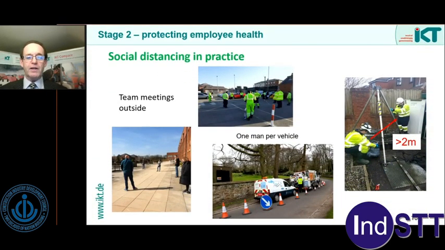So when it came to protecting the health of staff, these are the sorts of things that were going on: outside team meetings for field staff, for office staff, one man per vehicle, or having two men on a vehicle, but keeping the vehicles separated and the team separated, so if one lot went down with the disease, others wouldn't, and maintaining social distancing rules when working.